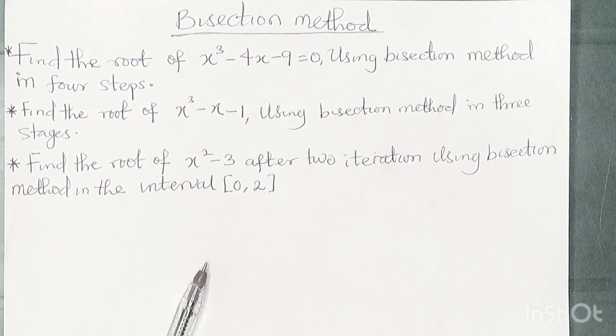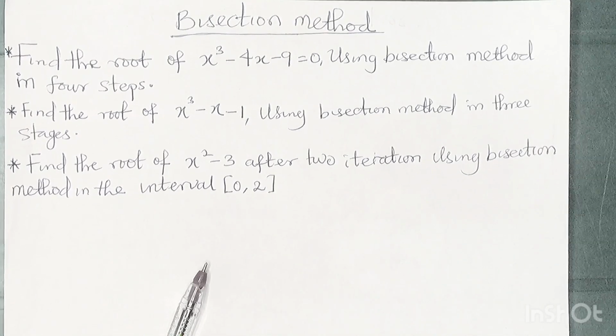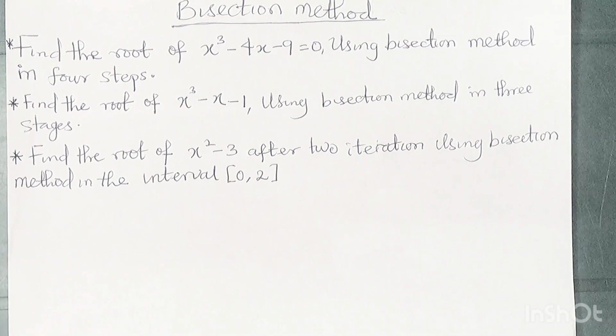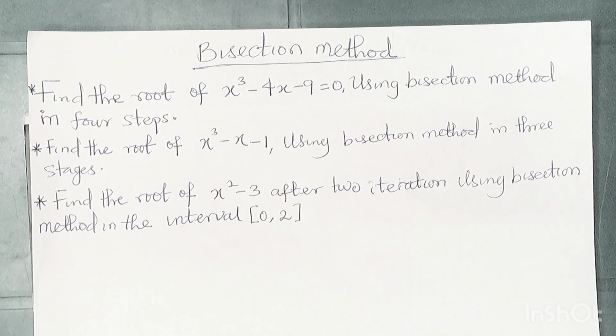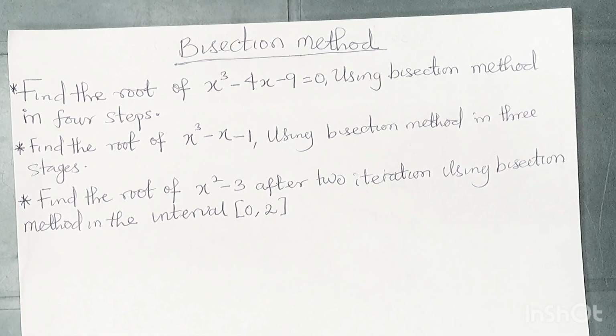Don't forget, we said it's a numerical analysis series, and so one of the things we're going to be doing is checking when the number converges. All right, so in this question we have x raised to power 3 minus 4x minus 9 equals 0, using the bisection method in 4 steps.